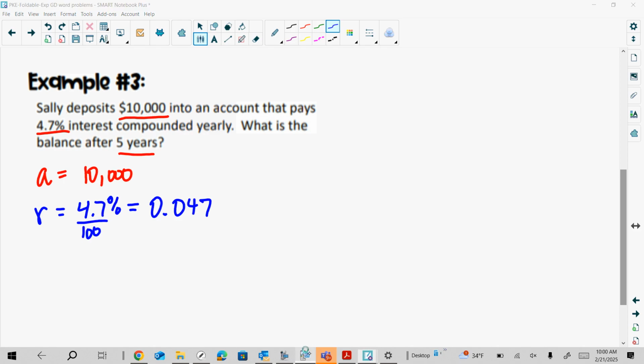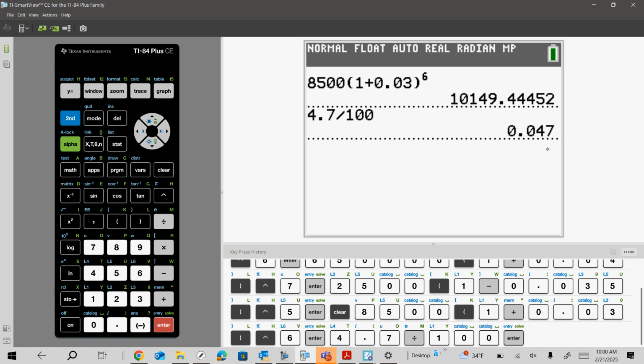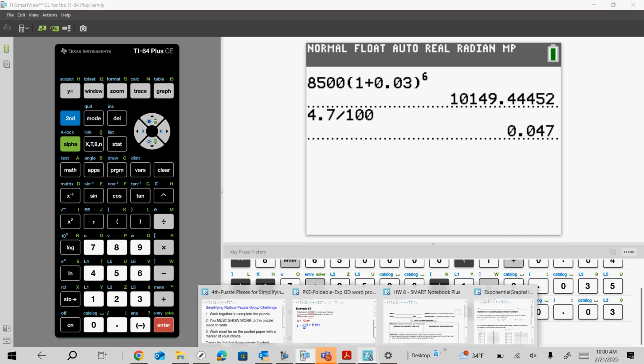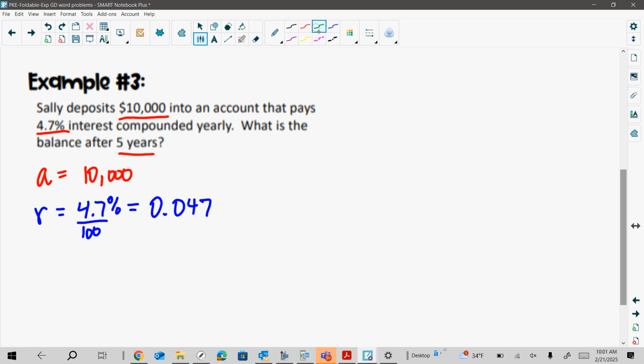So like if I go to 4.7 on the calculator and divide it by 100, there's the decimal. It's equivalency, okay? All right, so we got our decimal, which is 0.047, and then we need the time, our t, 5.